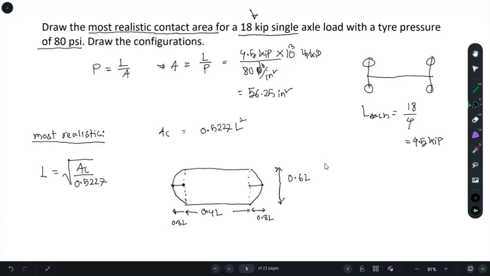From there, we're trying to find the length, since we know the contact area, that is 56.25. From there, we'll get a length of 56.25 over 0.5227. We get a length of 10.37, and this length is the total length.